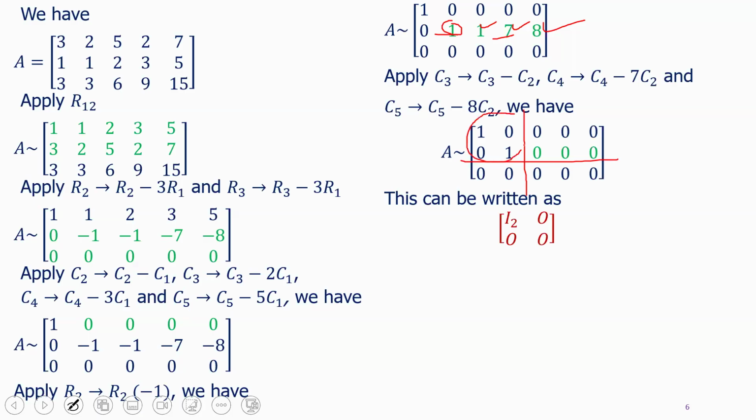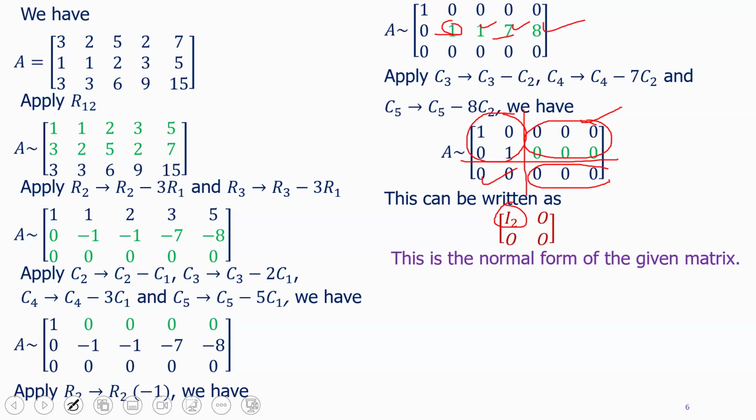This is the first matrix, which is the identity matrix of order 2, so it is represented by I2. This is a zero matrix of order 2 by 1. This is a zero matrix of order 2 by 3. And this is a zero matrix of order 1 by 3. So this is called the normal form of the given matrix.